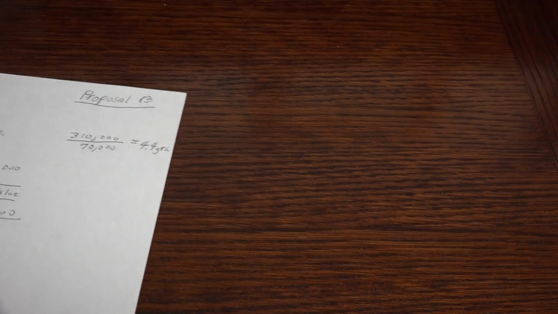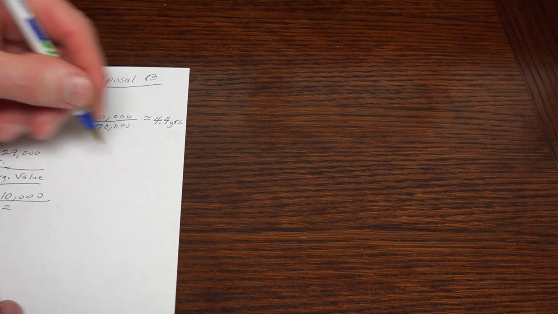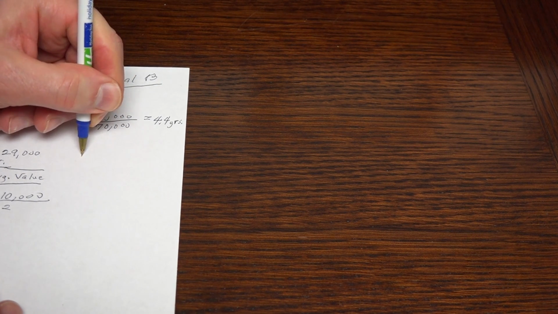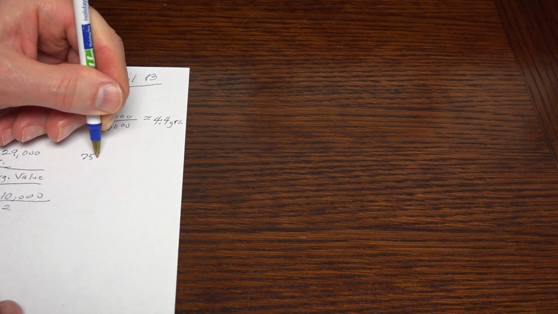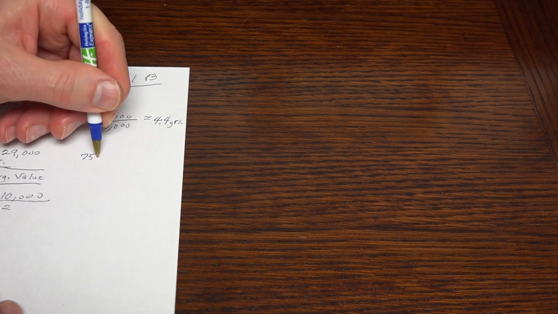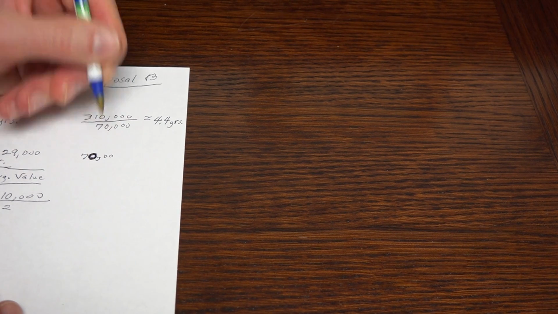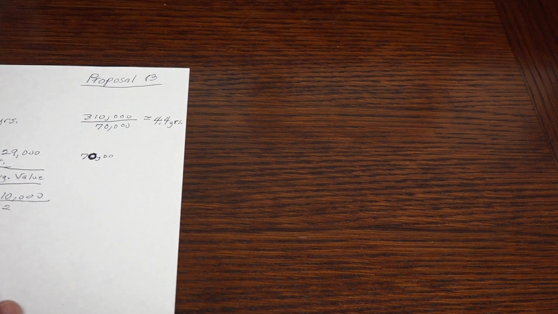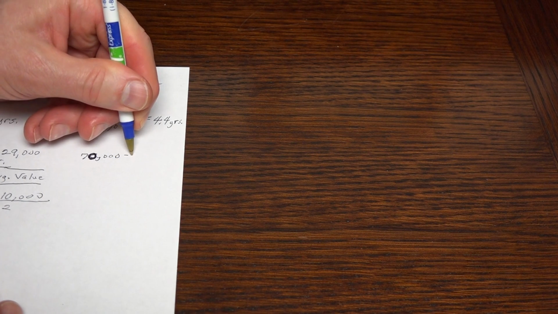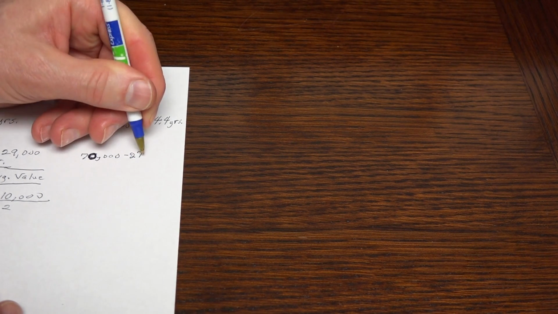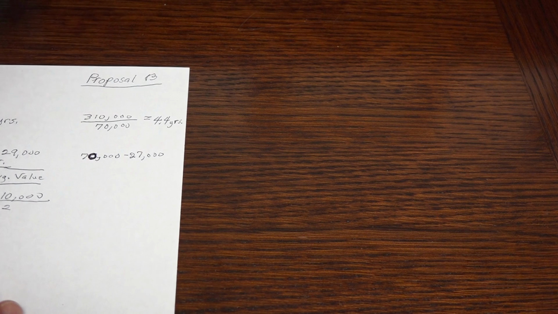Now over here, we simply take 70,000 and subtract 27,000 for our average estimated net income.